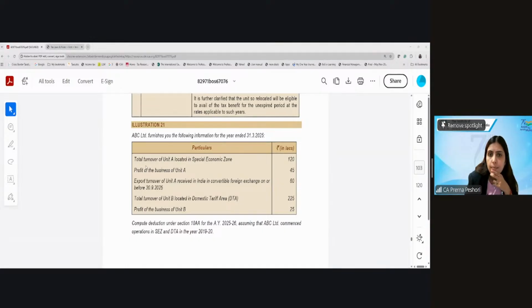Yeah, that comes to 11.25. What about others? 11.25, Samyatan. Okay.